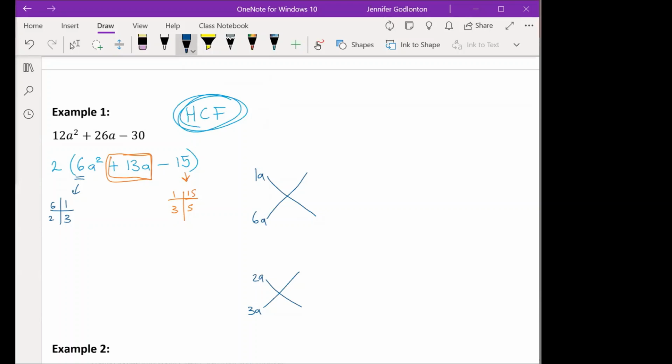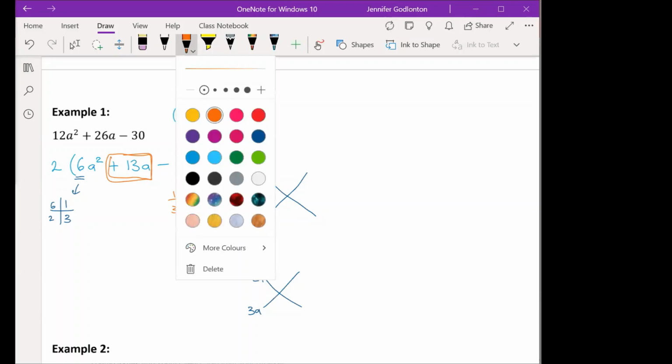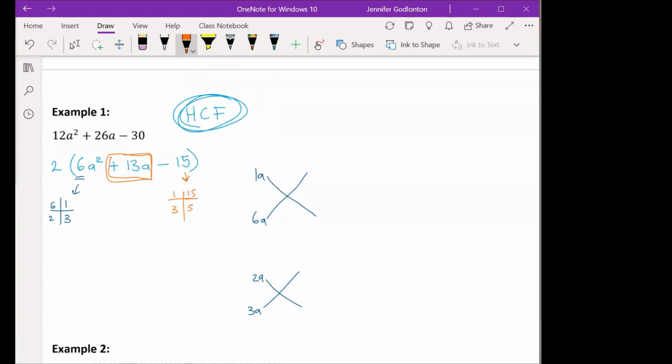Now we've got to try and break this up. Let's try and place them in different ways and see what we get. If I put my 1 there and my 15 there, let's see what we get. 6a times 1 will give me 6a, and 1a times 15 will give me 15a. And I can't get to 13a with 6a and 15a. So I know that way is wrong. It can't be that way.